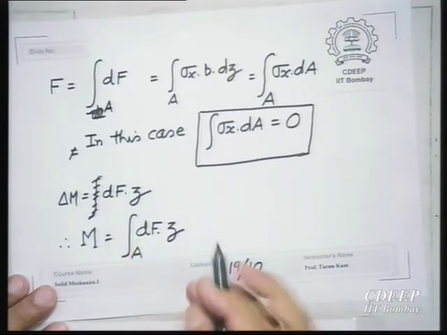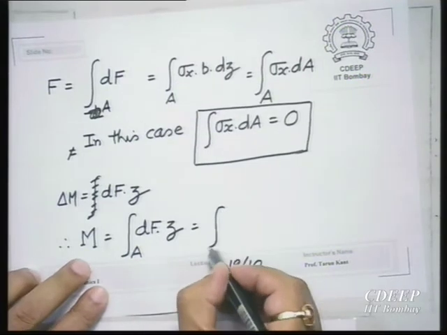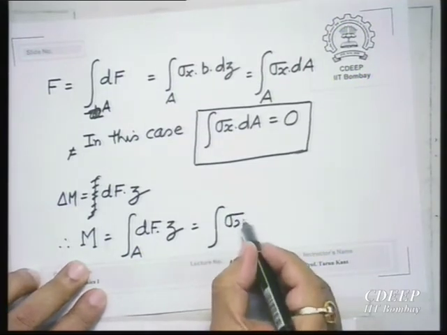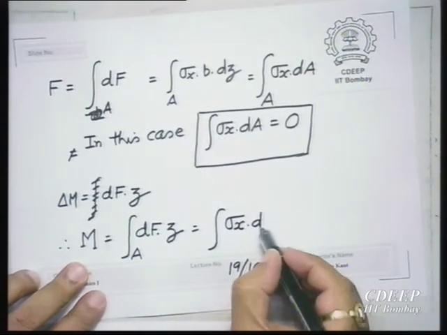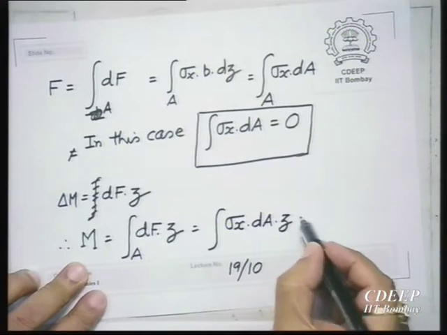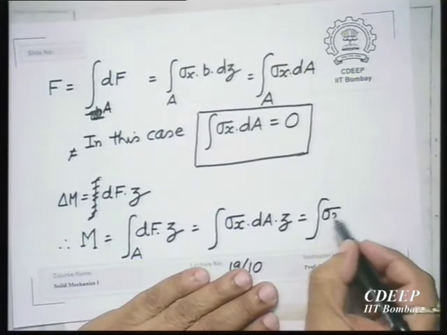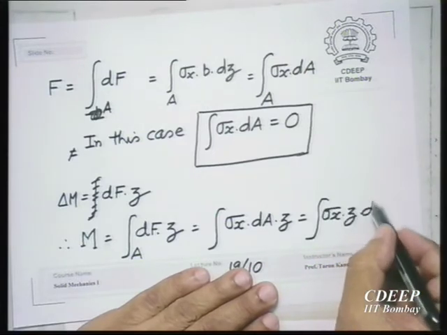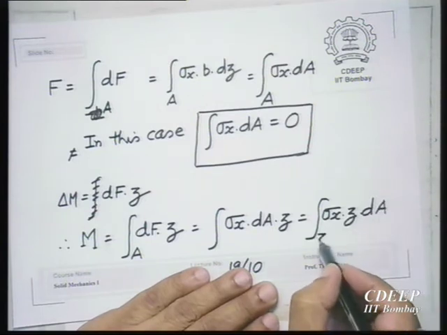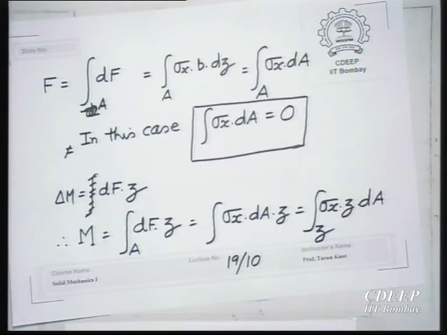dF will be written as sigma x into dA, into z, or better, sigma x into z into dA. Do you agree with this?